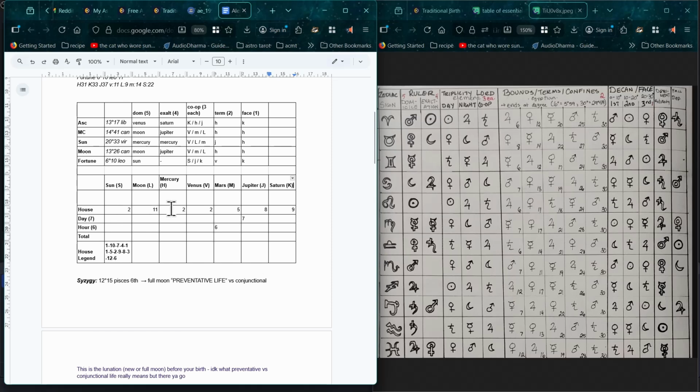Sun, Mercury, and Venus are all in the 12th house, so they all get 2 points. This person was born on Jupiter's day, so Jupiter gets 7 points, and in Mars's hour, and Mars gets 6 points. Then I'm going to add up these points here and put them in this area, and then we'll do a total.